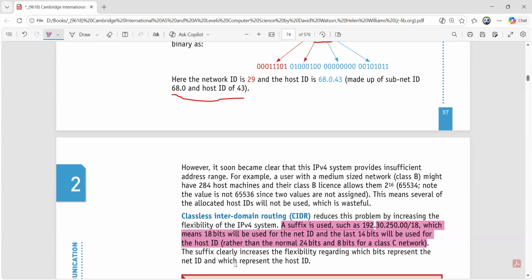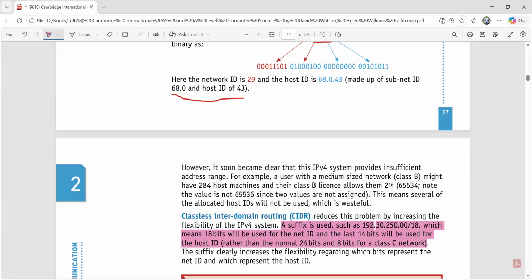This means 18 bits will be used for the net ID and the last 14 bits will be used for the host ID. Normal is 24 plus 8, but we have used a suffix through which the normal 24 plus 8 is turned into 18 plus 14. You can see for yourself, 18 and 14 still means a substantial availability of more host IDs. Are you getting it? This concept should be clear in order to understand subnetting later.